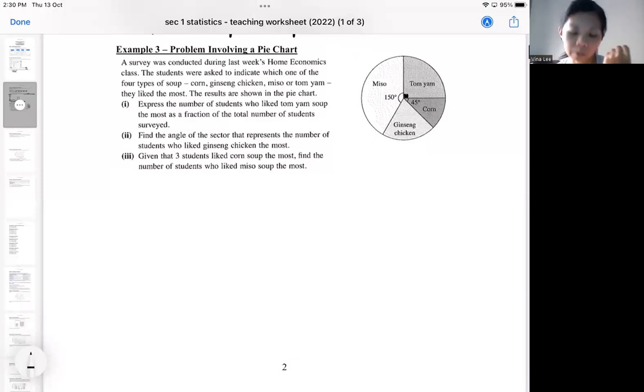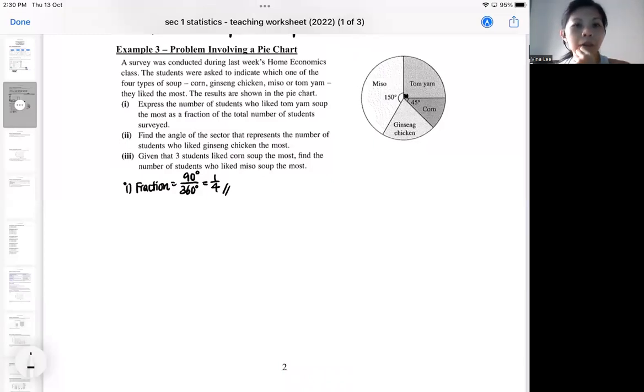The total students will be 360 degrees, so the fraction who like Tom Yum soup will be 90 degrees over 360 degrees. So we gather that 1/4 of the students like Tom Yum soup. We didn't know the total number of students yet, we just interpret the proportion of students. So we have an idea that 25% of them like Tom Yum soup.